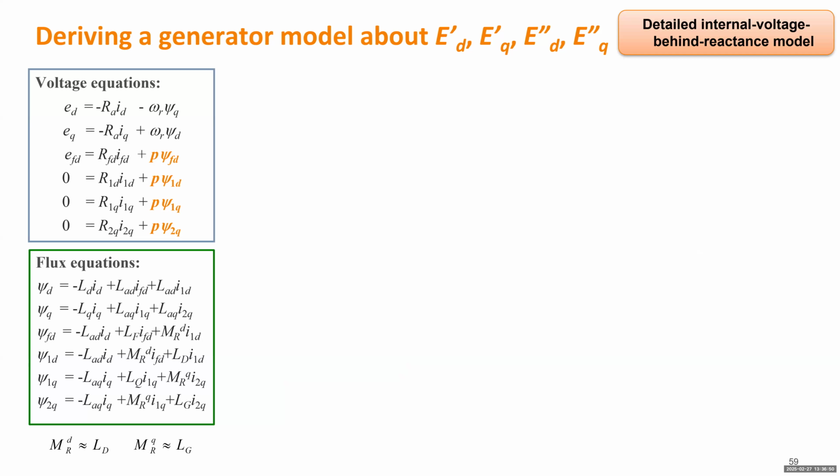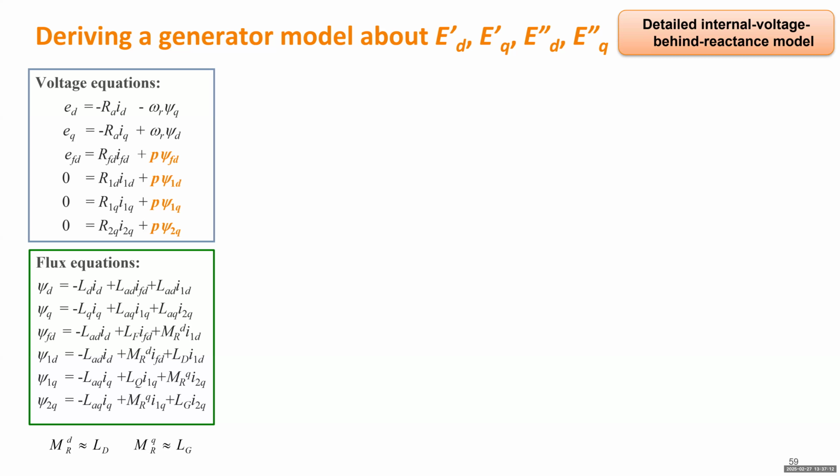Okay, so next we're ready to derive the first generator model, which is the 2.2 model. Here we're going to use ED single prime, EQ single prime, and ED and EQ double prime as the state variables. We know those single prime and double prime voltages are basically just proportional to the flux linkages.